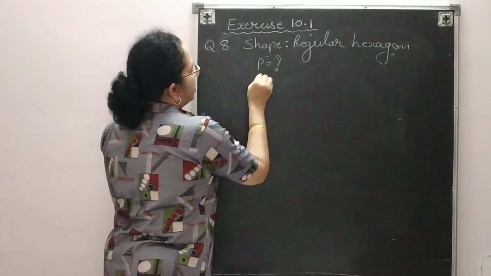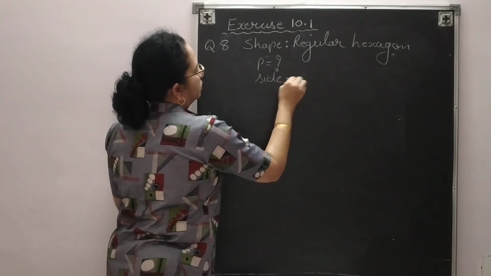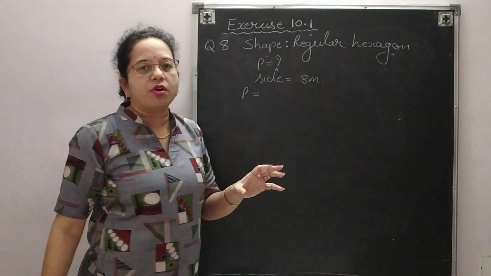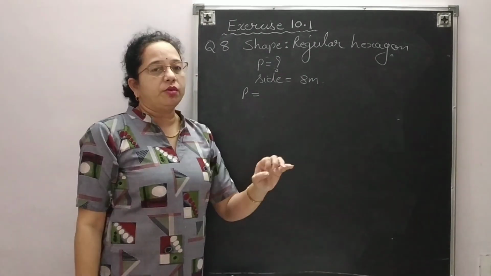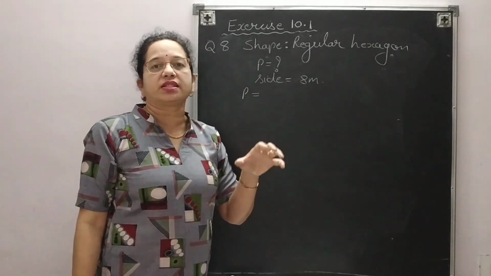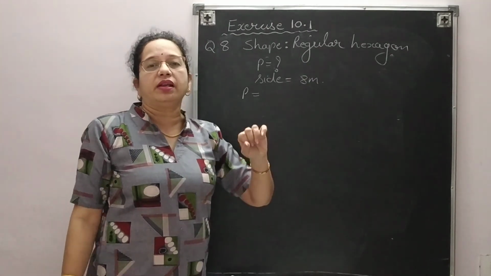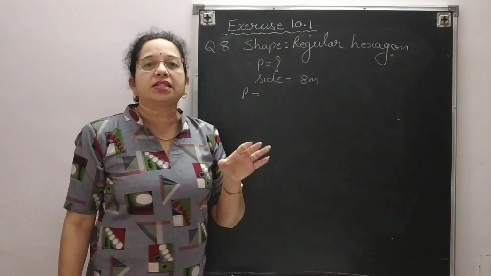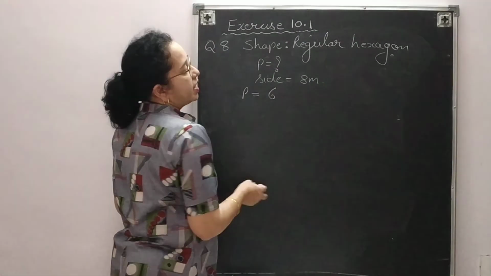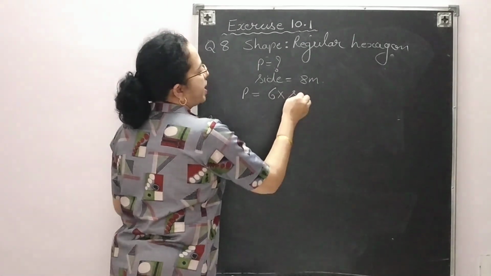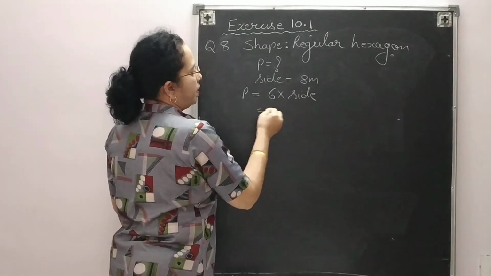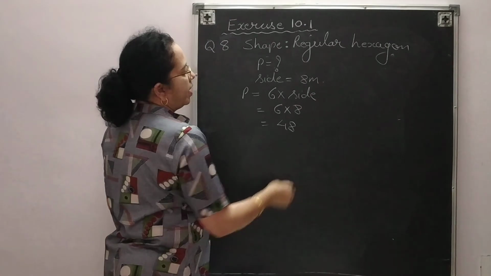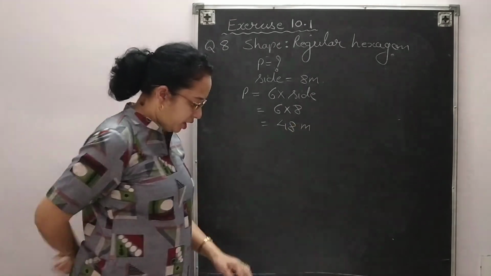Side is given, 8 meter. Perimeter means sum of all the sides. Hexagon means hexa comes for 6, so 6 sides, and regular means all the lengths of the 6 sides are the same. So again, instead of adding 6 times, we can multiply 6 into side. So the formula will become 6 into 8, that is 48, and your unit is meter, 48 meter.